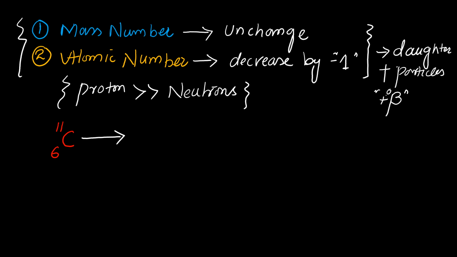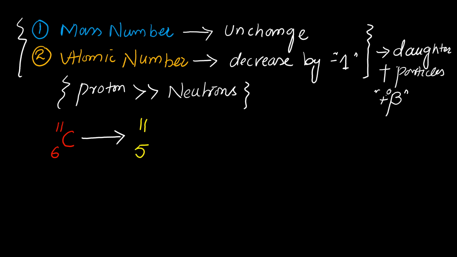In positron decay, the mass number or atomic mass remains the same. So the new element formed due to positron decay will have mass number 11, whereas the atomic number of the new element decreases by 1. So the atomic number of the new element will be 5.